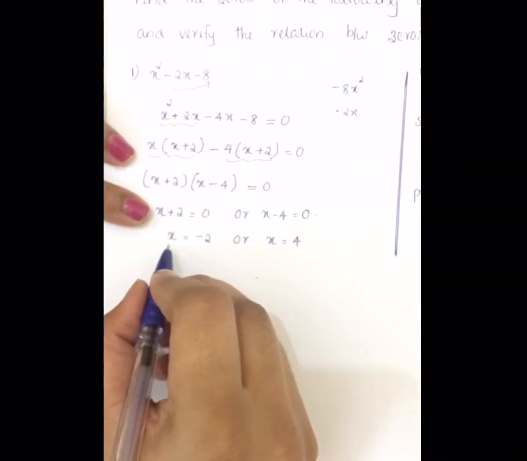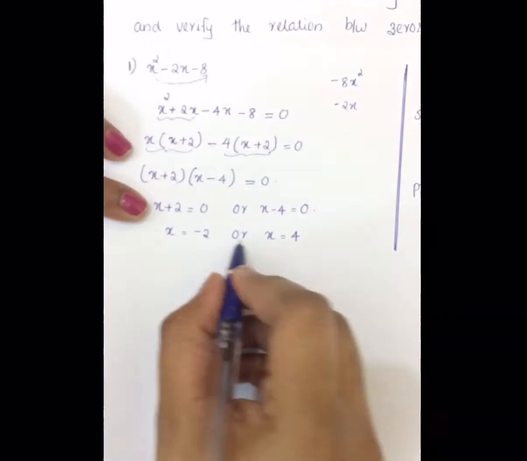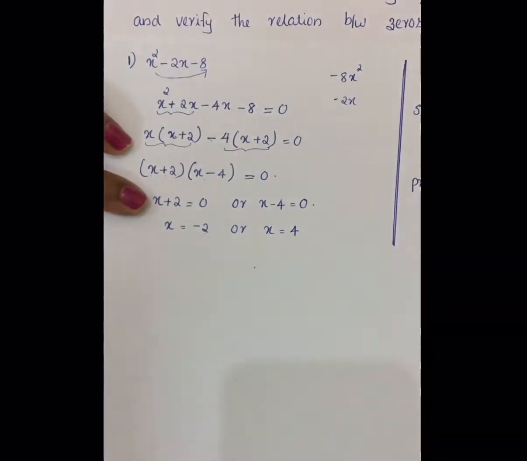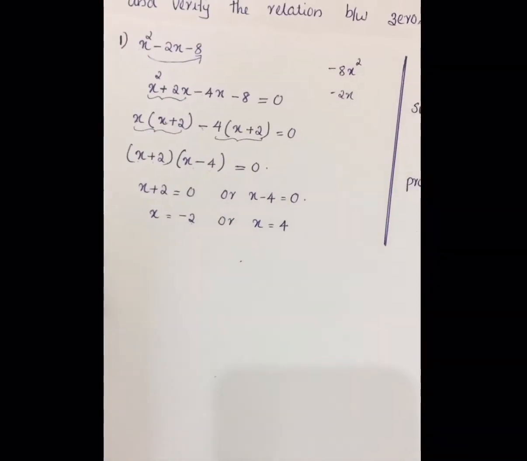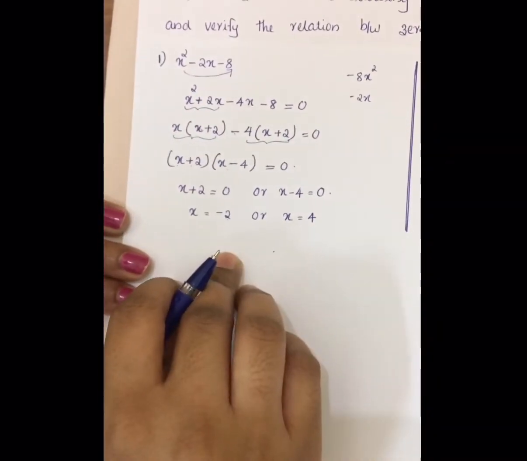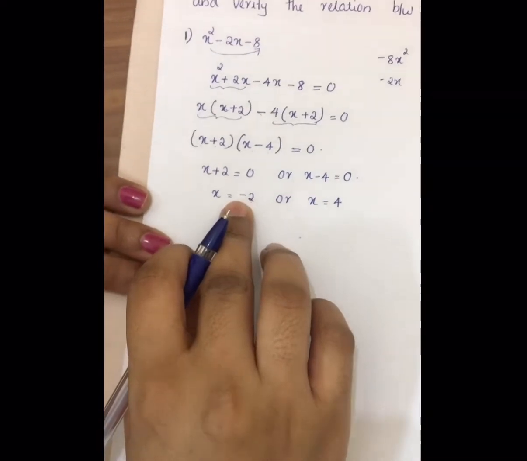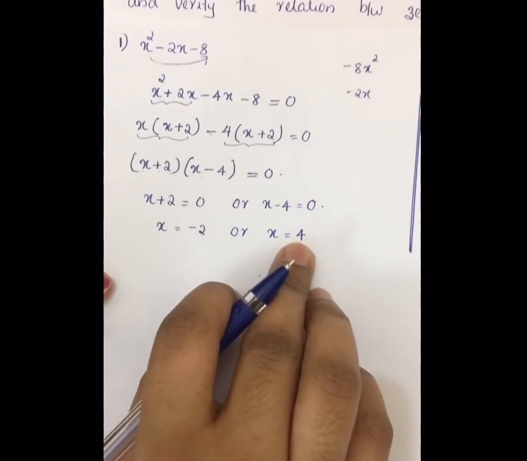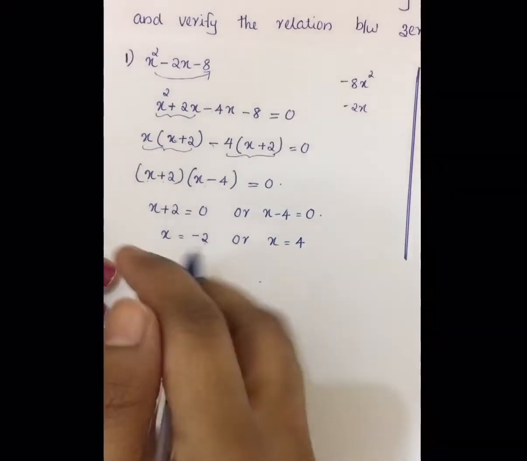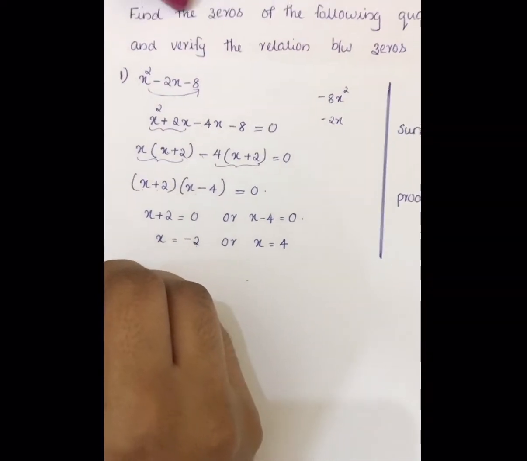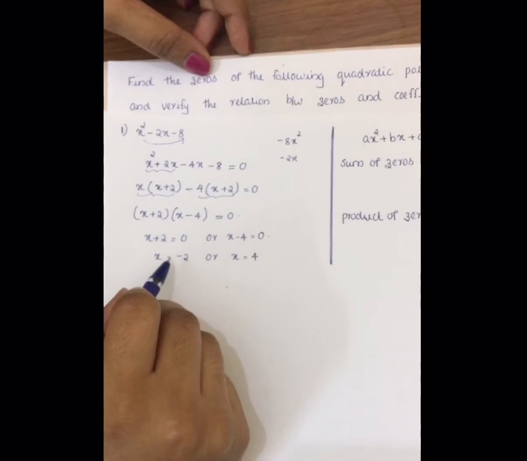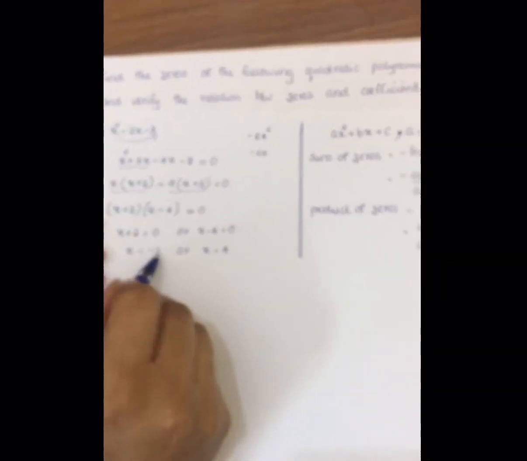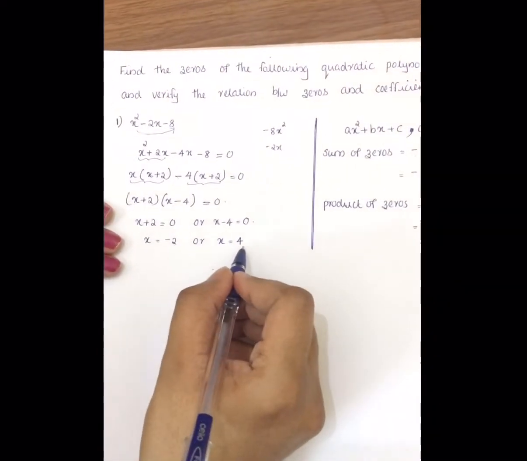So the values are x equal to minus 2 or x equal to 4. So the zeros are minus 2 and 4. Now we have found the zeros of the polynomial.